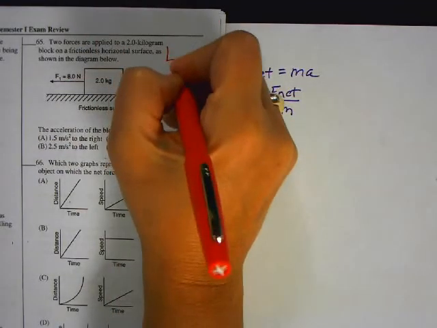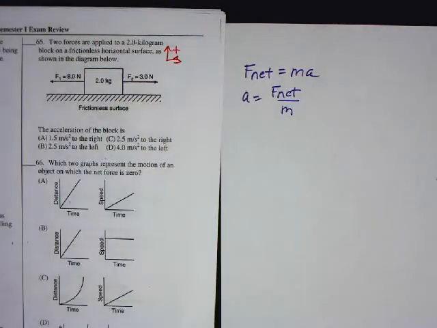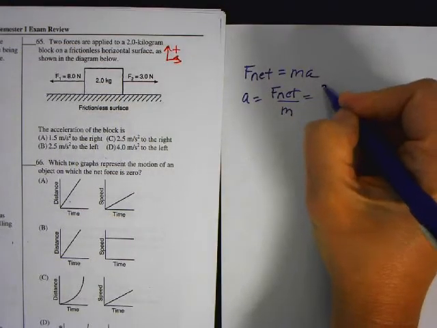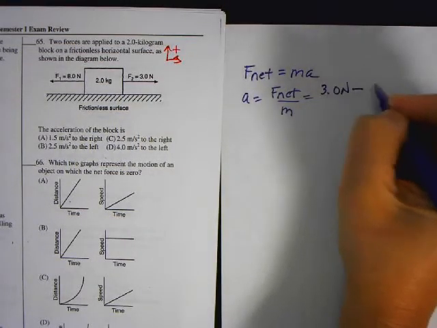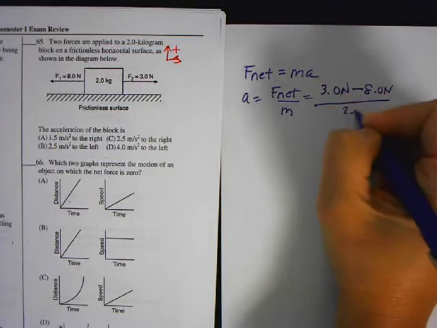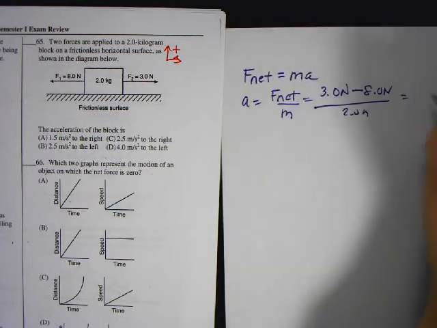So I have to say, what is my sign convention? I'm going to use the standard Cartesian sign convention, that up and to the right is positive. So calling right positive, I have 3 newtons minus 8 newtons over my mass, which is 2 kilograms. So 3 minus 8 is negative 5, over 2, so I get negative 2.5.